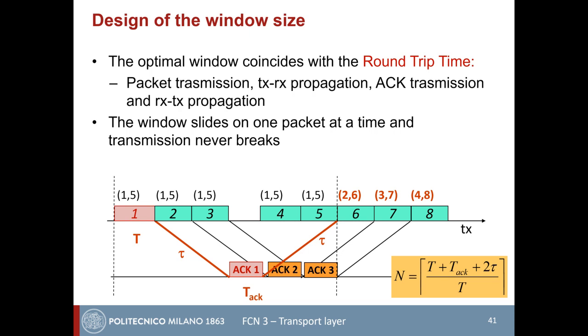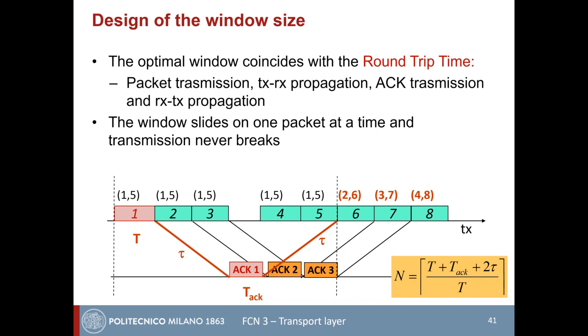So if we want the transmitter, in case of no errors, never to stop transmitting, so if we want to achieve 100% efficiency in absence of errors, then we have to design the window size so that during this interval, the one that is presented in the picture, the transmitter always continues to transmit.